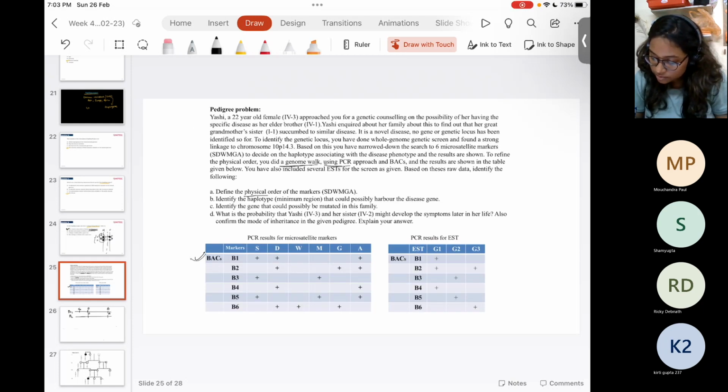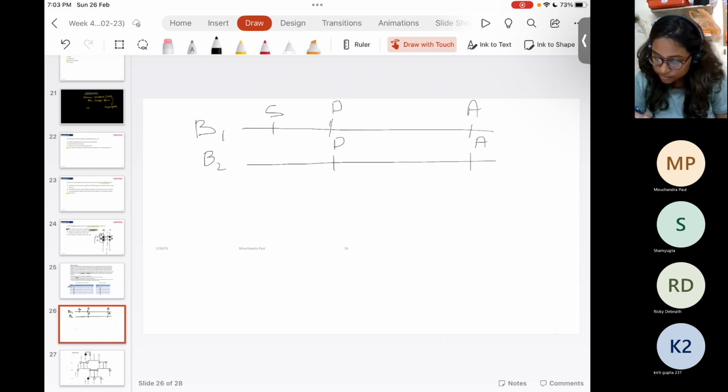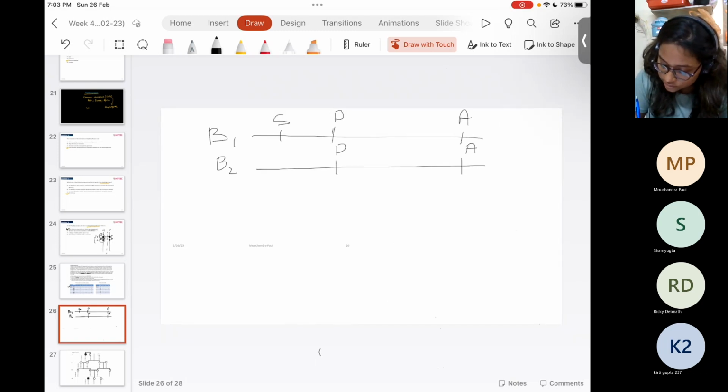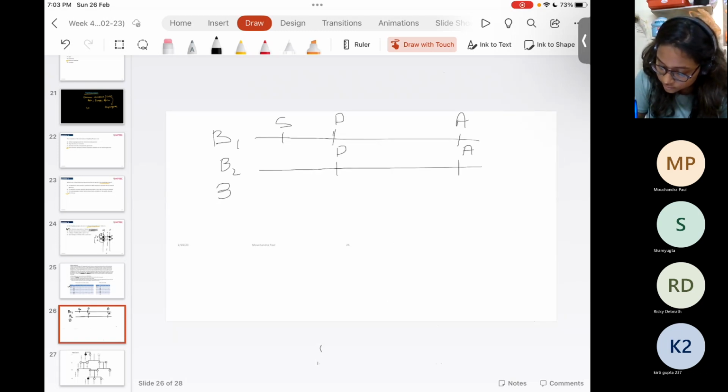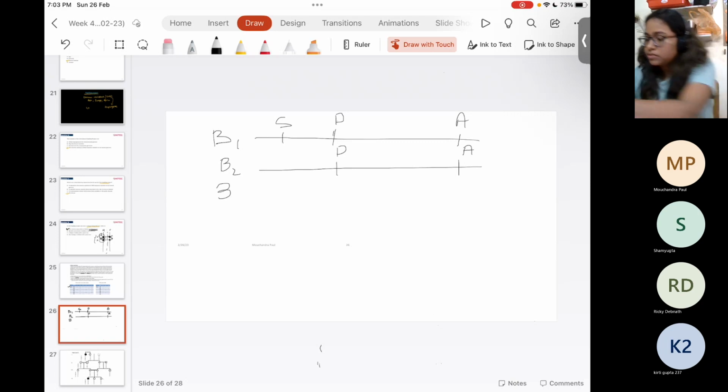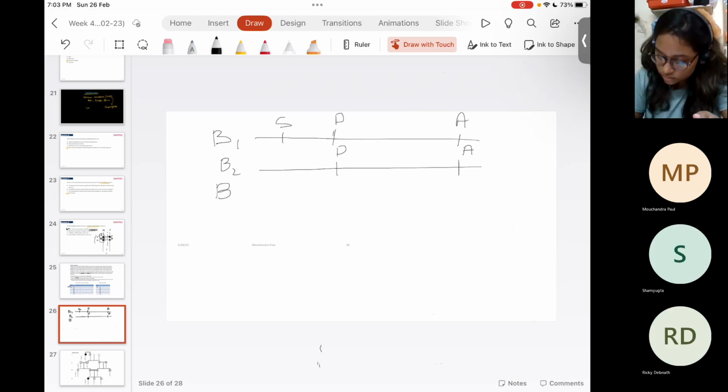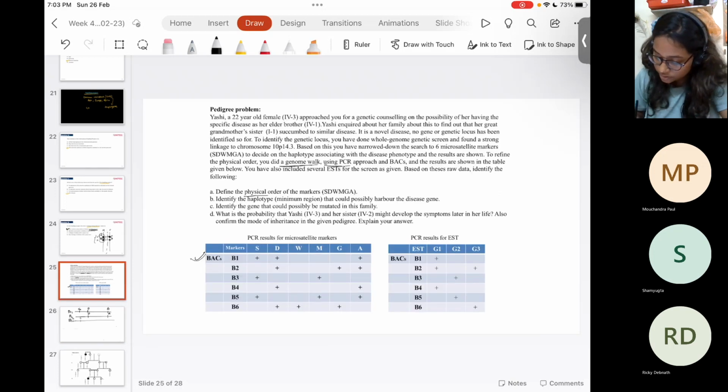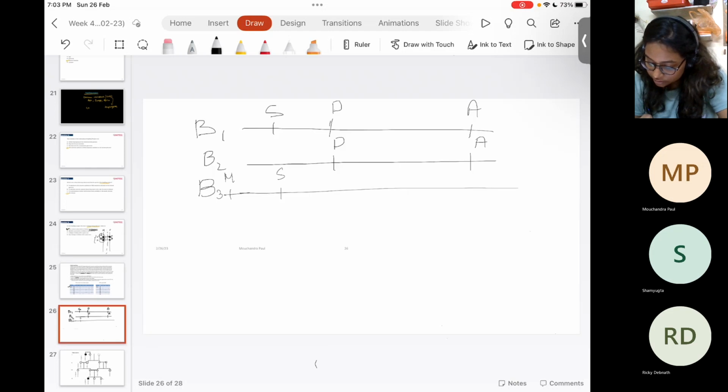Then in B3, there is S and M. Here is S; M will be somewhere upstream of S. Then there is B4, with D and A, right?